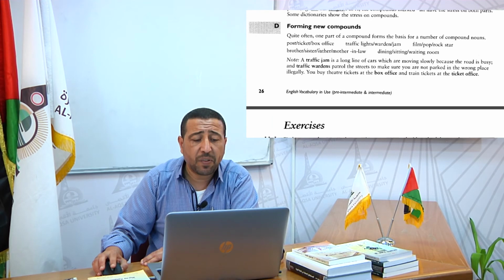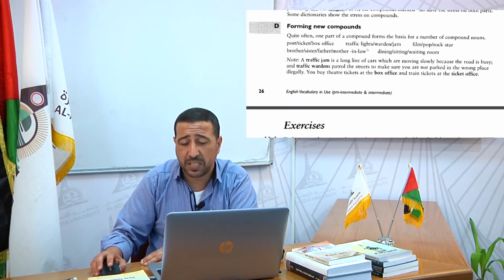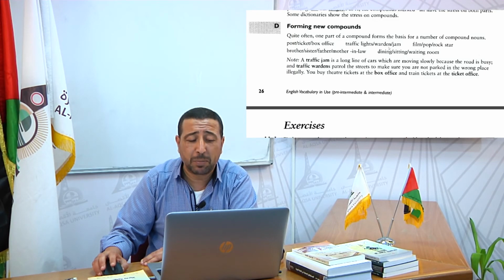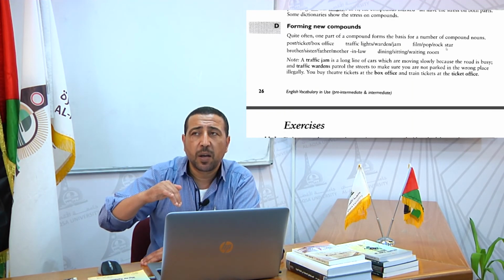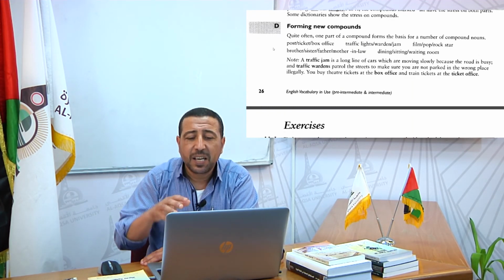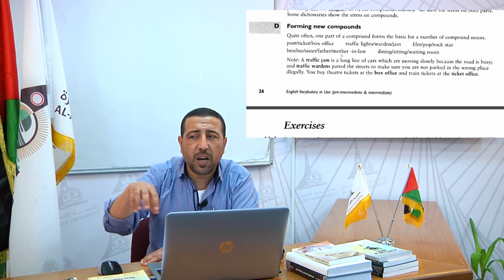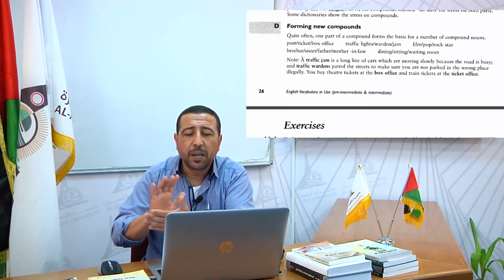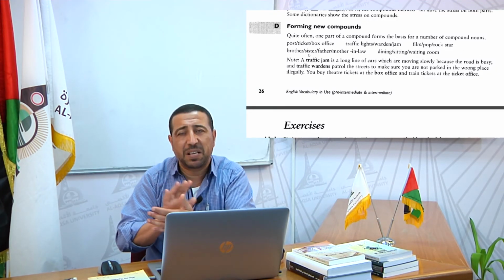Note, a traffic jam is a long line of cars which are moving slowly because the road is busy. So there is a difference actually in meaning between a traffic jam and a traffic warden. What is a traffic jam? A traffic jam is a long line of cars that move slowly because the road is very busy.